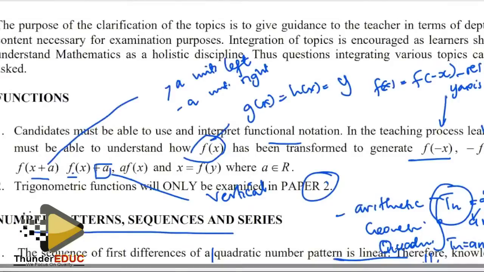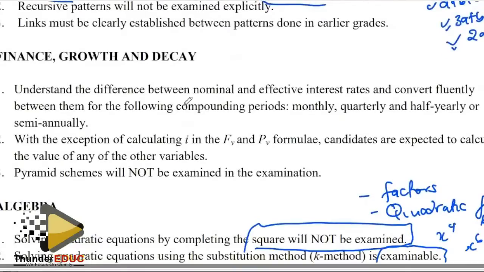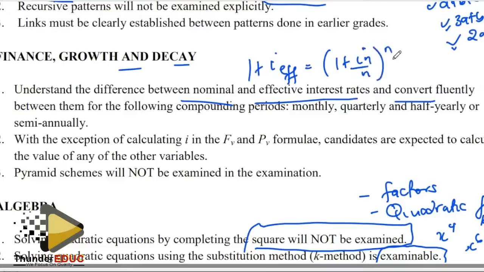Then from there, we can look at the finance questions. So under finance, growth and decay, they're telling us we need to understand the difference between the nominal and the effective interest rates and how to convert nicely, because this formula is usually not on the formula page: 1 plus I nominal over n to the exponent of n. Some people would use m.